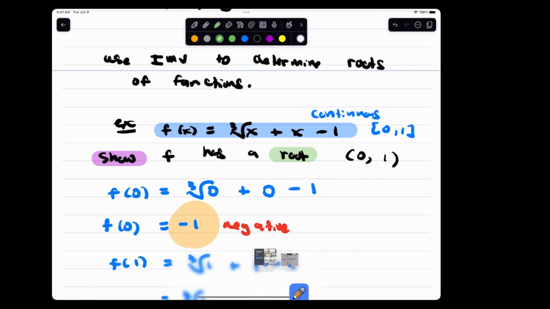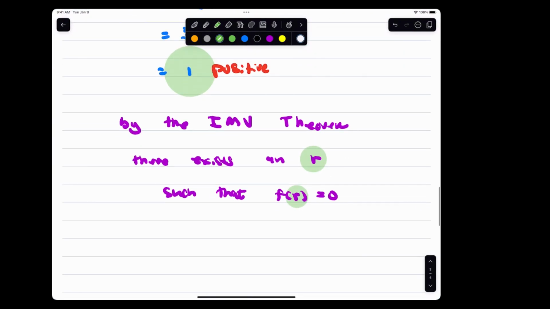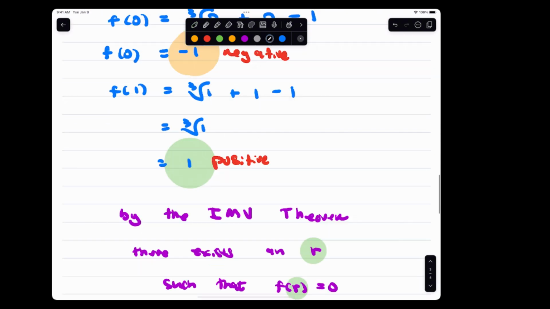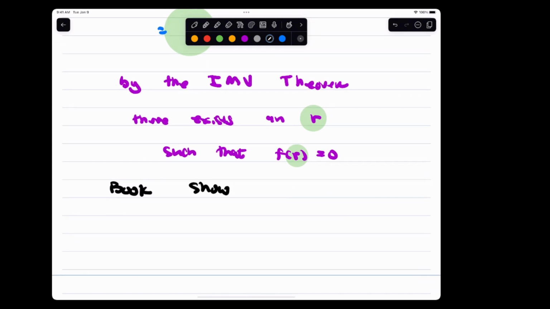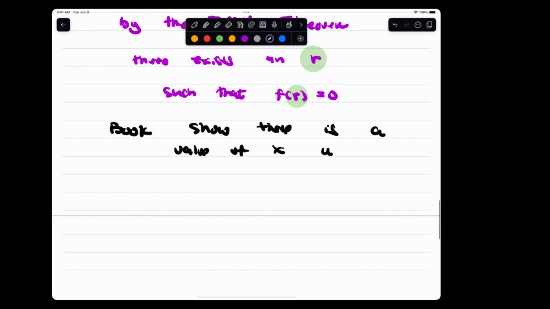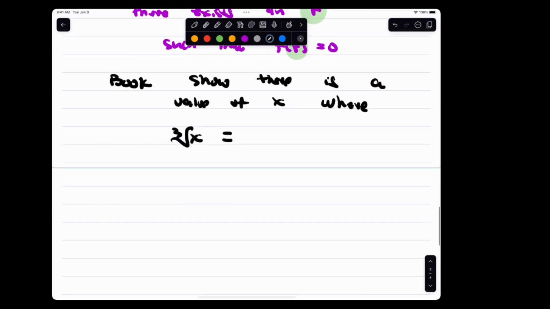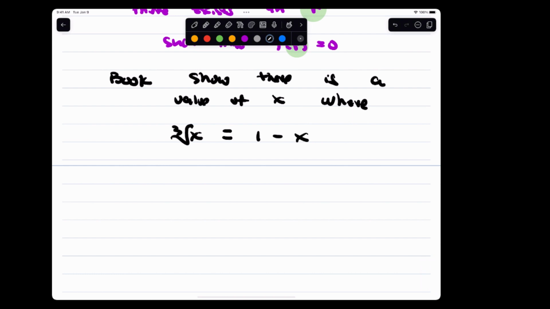Sometimes I'll say that the book actually hid this question this way for you guys. Here's the book's version, which I took from the book. They say, show there is a value of x where the cube root of x equals 1 minus x.